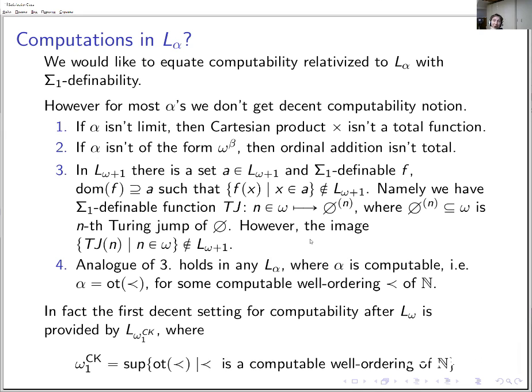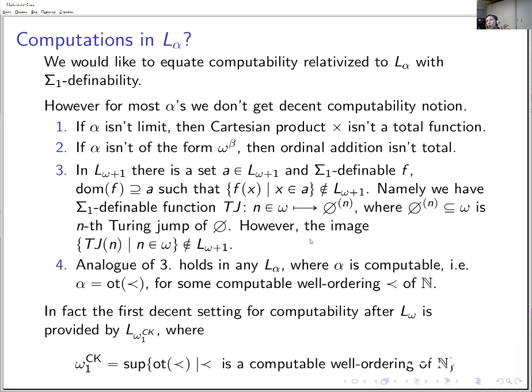In fact, it will be a sigma 1 definable function in L omega plus 1. However, the set of all Turing jumps wouldn't be an element of L omega plus 1. Is it correct? Yeah, right, this should be correct.